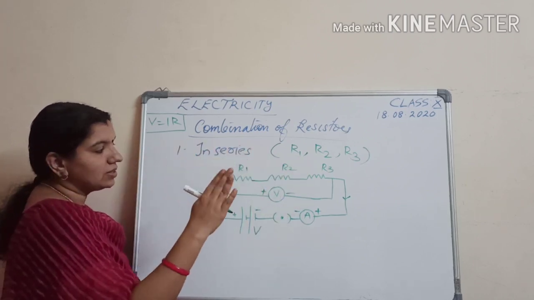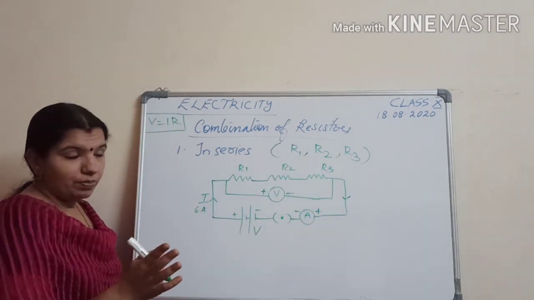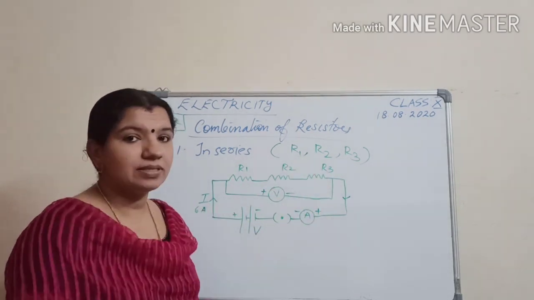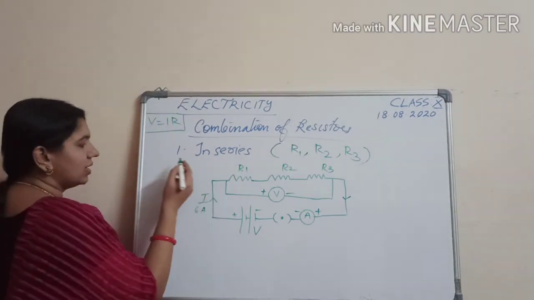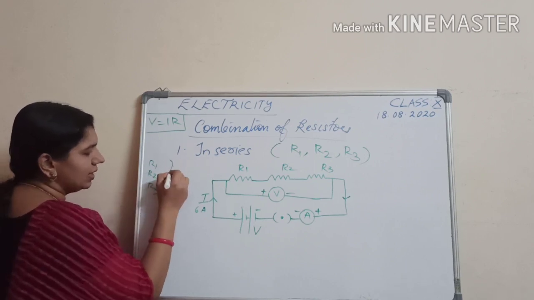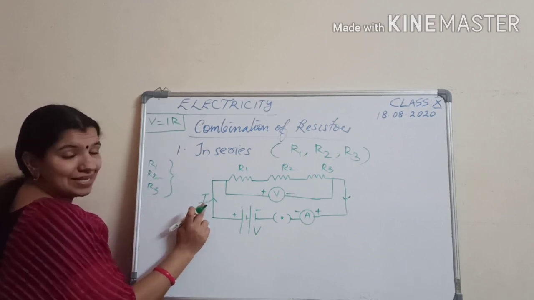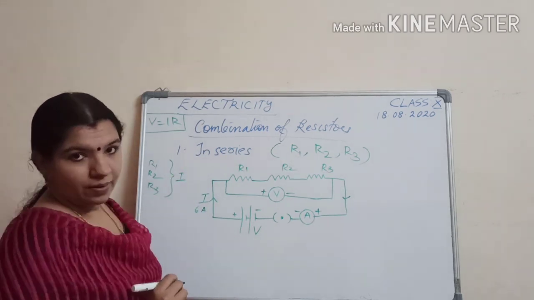Okay, so it is clear that however many resistances we connect in series, no issue, because the current through every resistor will be the same. So I can take the current through R1, R2 and R3 to be the same. So what is the current? I is the current. Clear?